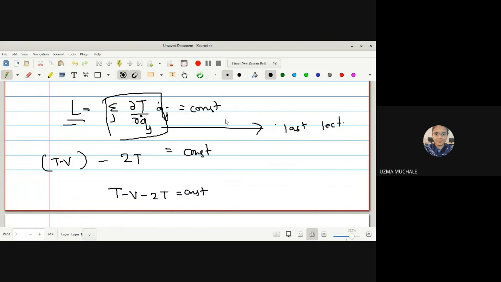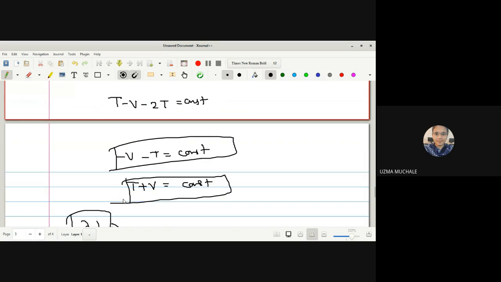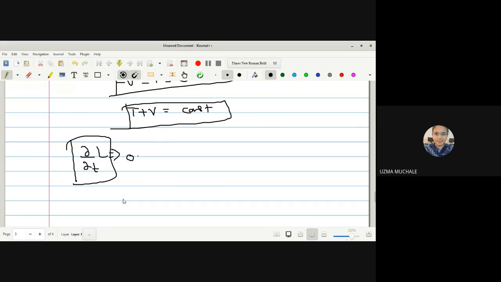You can find it in the Upadhyay book or in the J.C. Rana recommended book. Just remember Euler's formula, and then you get the result, and this is 2T. Just substitute the value, take the negative sign outside, and you will get the result T plus V is a constant.